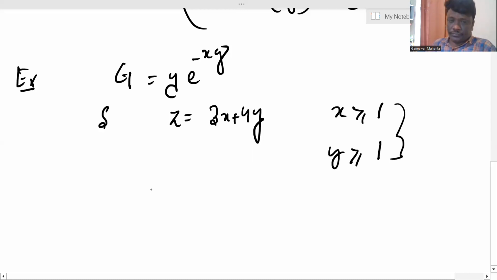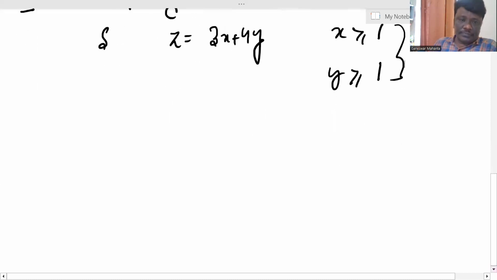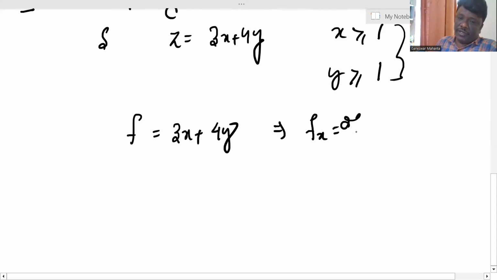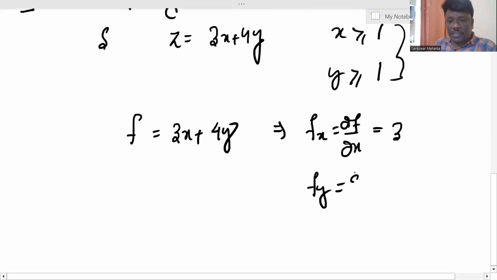Z means f is given. Here f is equal to 3x plus 4y. We need to find fx, that is del f by del x, and this is 3. And fy, that means del f by del y, is 4.